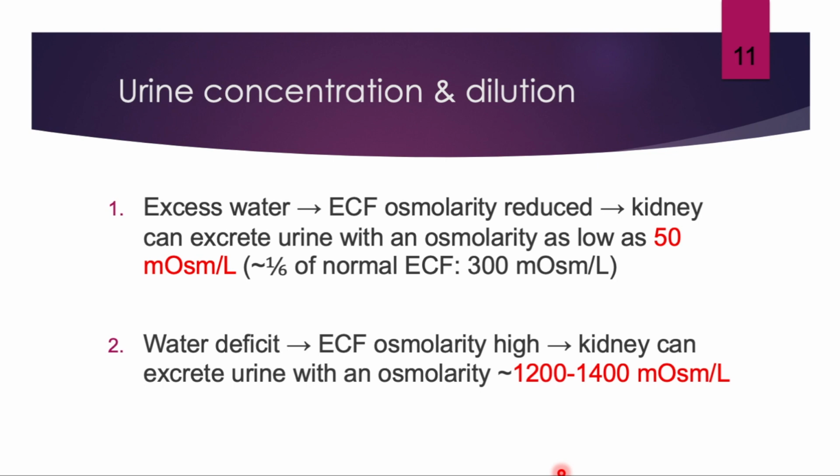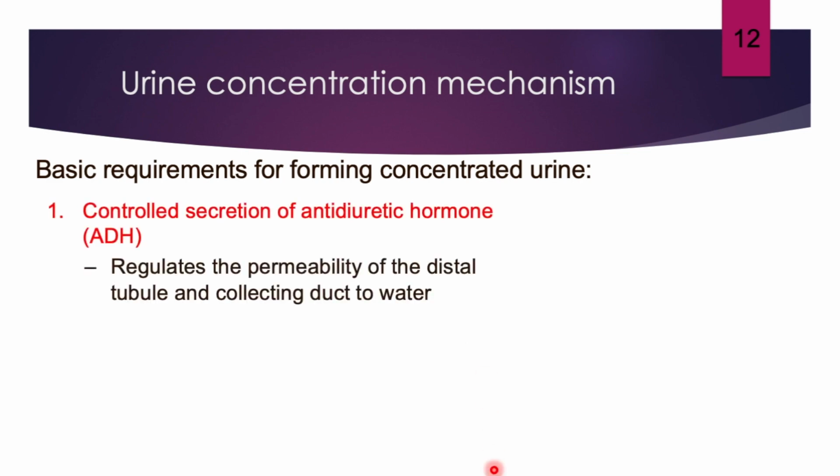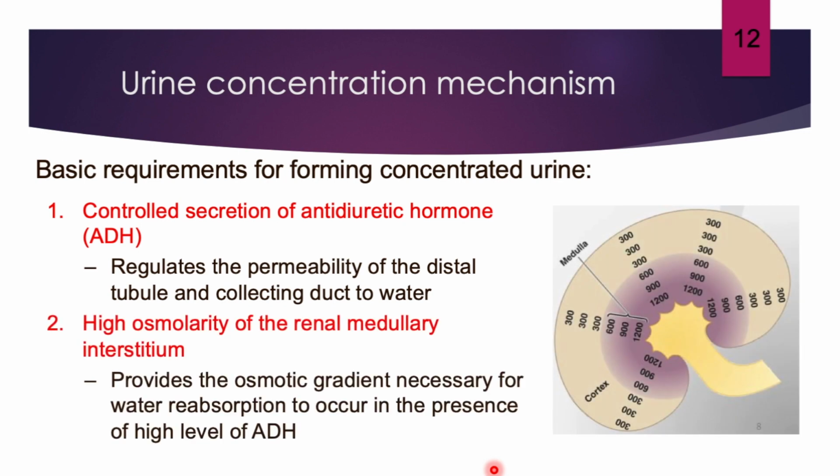Conversely, when there is a deficit of water and ECF osmolarity is high, kidney can excrete urine with an osmolarity of about 1,200 to 1,400 milliosmol per liter. There are two basic requirements in order to produce concentrated urine. These mechanisms are controlled secretion of ADH and high osmolarity of the renal medullary interstitium.